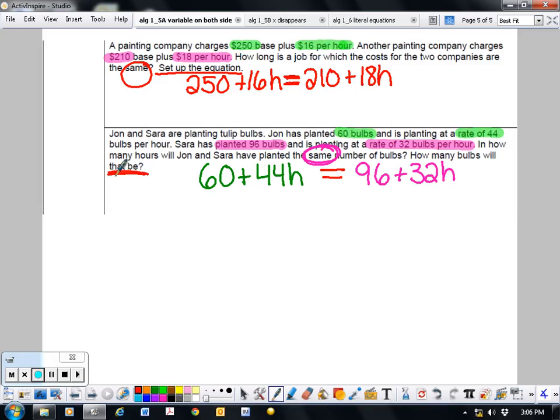So when I'm solving for H, but H represents hours, if you want to know how many bulbs it is, you would have to take this H and plug it into 60 plus 44 times whatever that number is that you get for H. So you'd have to solve the equation and then plug it back in to figure out how many bulbs it was for each person. And so again, this is a lot of foreshadowing to something we're going to be doing in chapter 5.